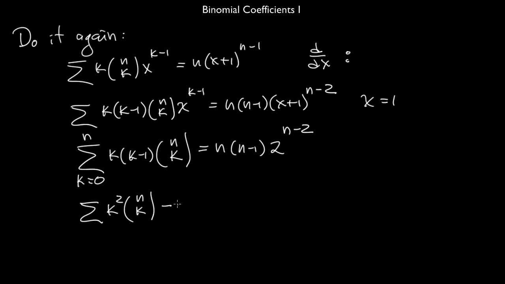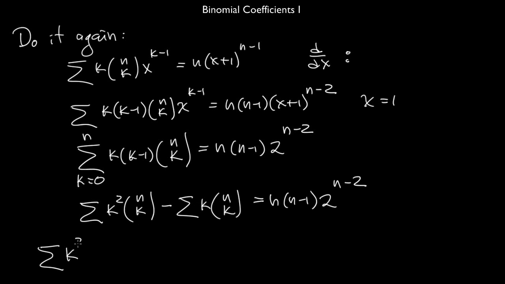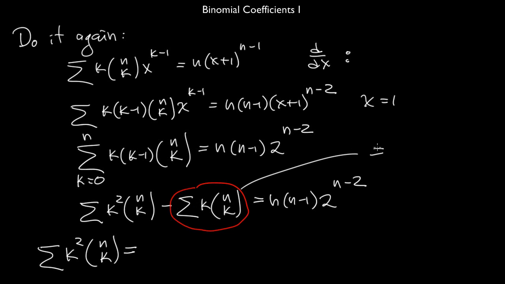So if you split this up into two terms, you get k squared minus k times these sums is this thing. And that says that summation k squared n choose k is equal to, well, this thing I know. That's the previous result. So I can bring that to the other side.